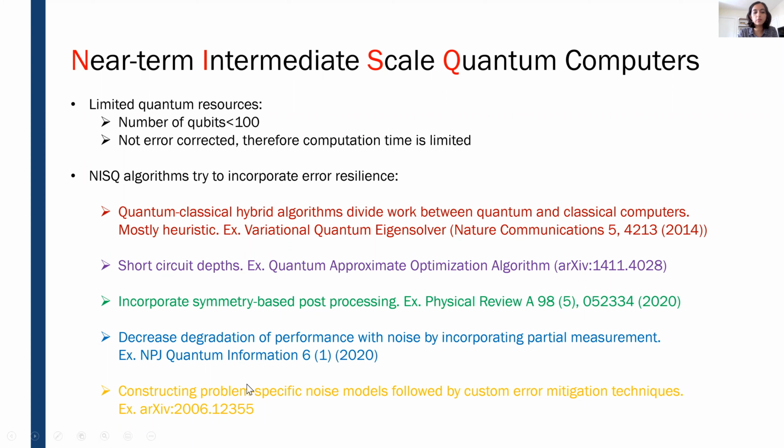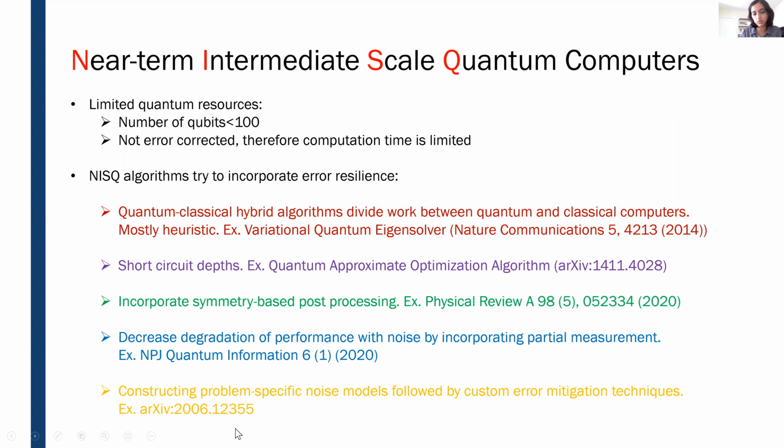And then also, you can construct problem-specific noise models followed by custom error mitigation techniques. If you know the quantum computing platform you're working on really well, you probably can develop an effective noise model that characterizes the operations on the platform, and then you can design a custom error mitigation technique for that specific noise model.